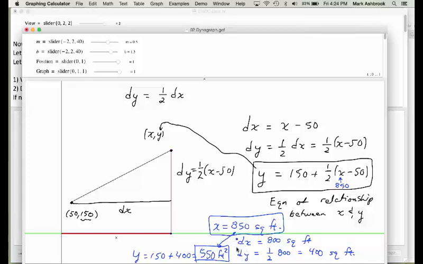And this process: dx is the change in x, and then dy is going to be our constant multiple times the change in x. And then we're going to take that change in y and add it to the starting value of y, or the initial y, to get the final value of y. And so now we have a correspondence point.